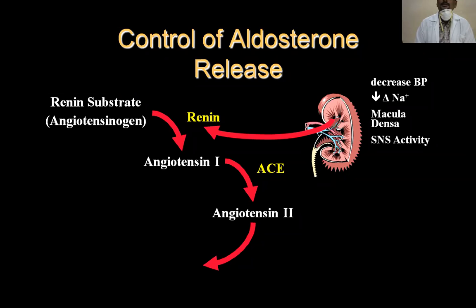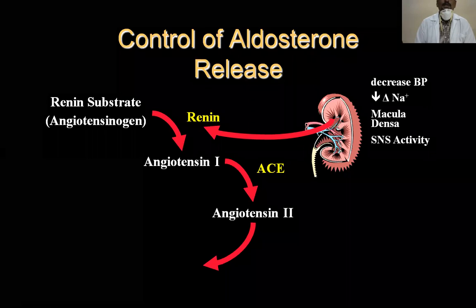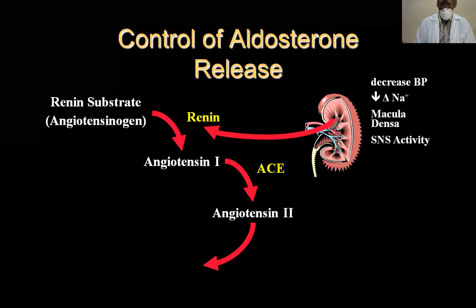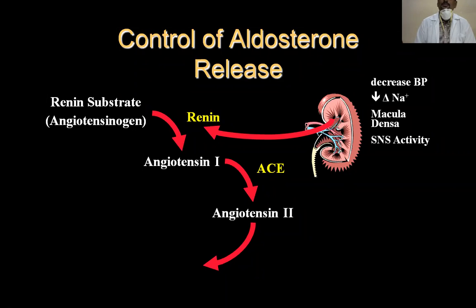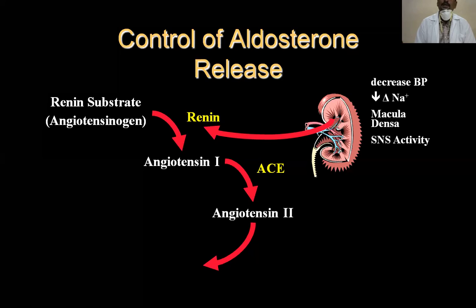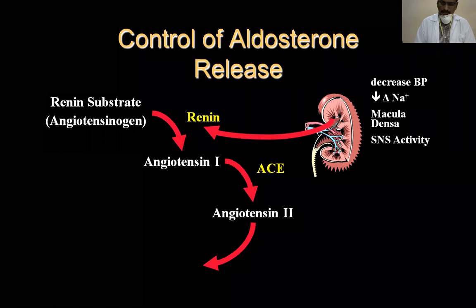When the blood pressure is low, the pressure in the renal artery supplying the kidney will also be low, so in the afferent arteriole the hydrostatic pressure will be low. When hydrostatic pressure is low, the GFR will be low, and the net filtration pressure will decrease.